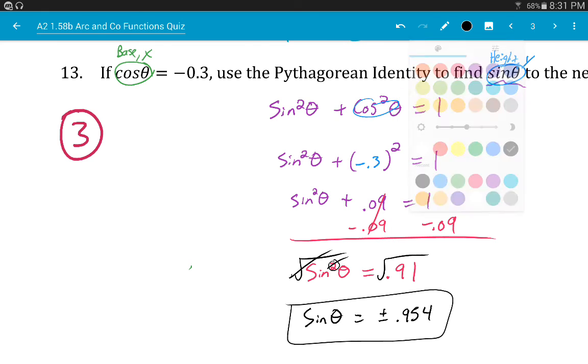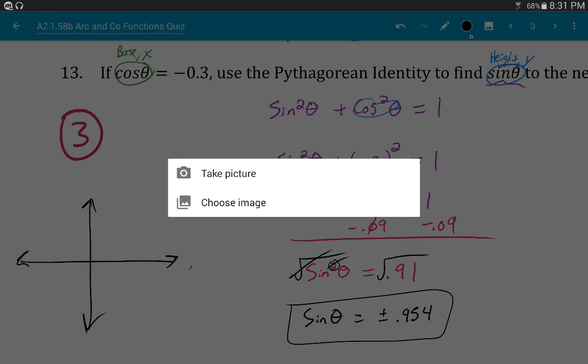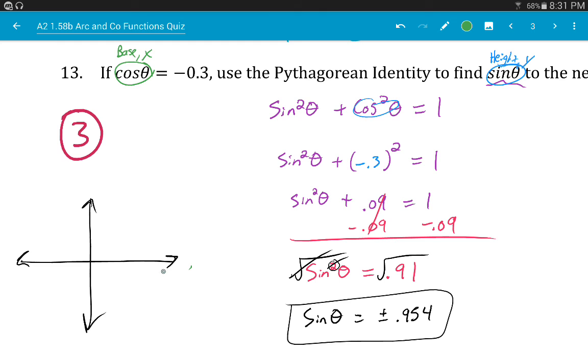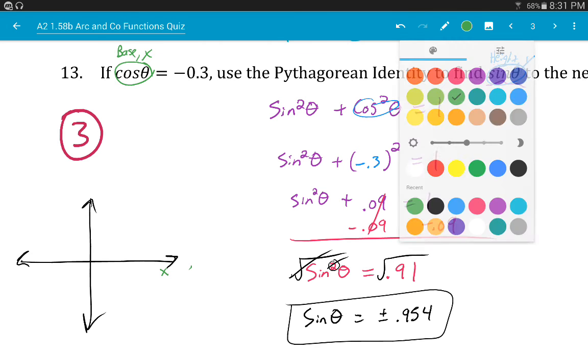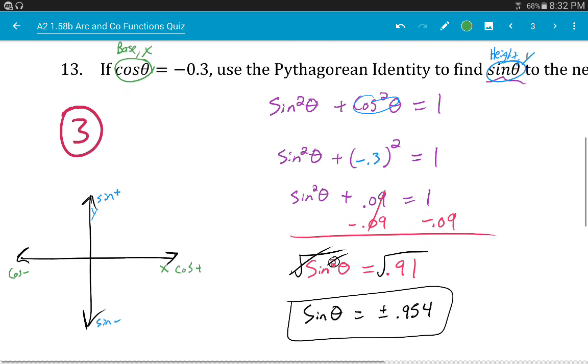So if I'm thinking about my x and my y-axes here, I know that this is x, which means it's also cosine, and that this is y, which means it's also the sine. So when sine is positive, that's up, and when sine is negative, that's down. When cos is positive, that's to the right, and when cos is negative, that's to the left.